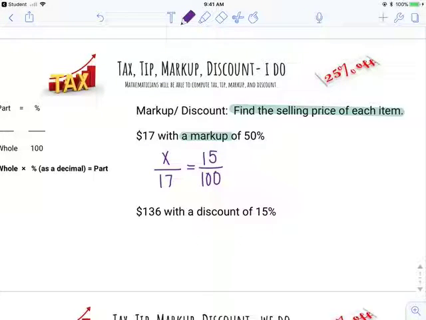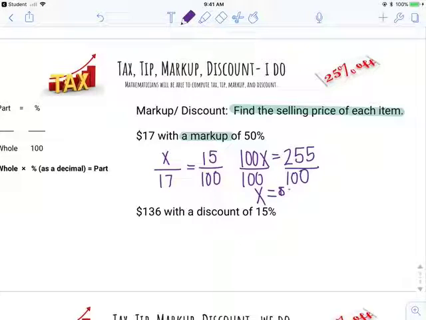So after I find the markup, I'm going to find that first. So 100x equals, I multiply 17 times 15. I get 255. I divide by 100 on both sides, and this is going to tell me my markup. So 255 divided by 100. So my markup on the item, if I do 50, oh, and I did that wrong, guys.